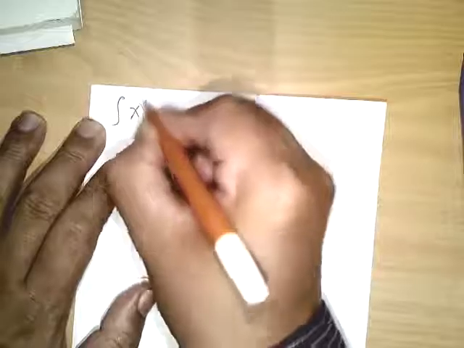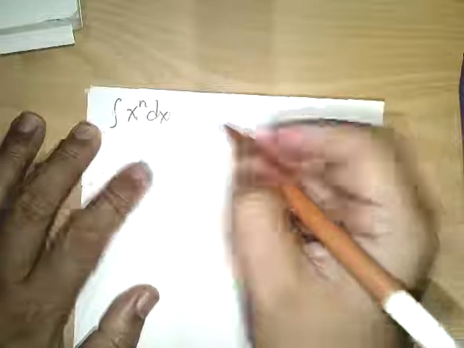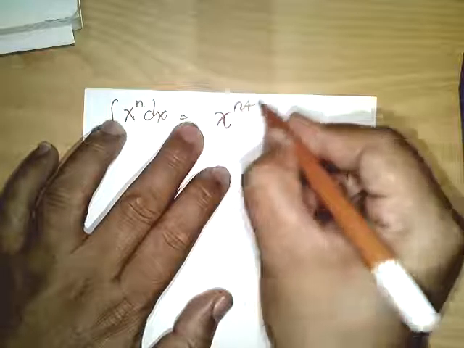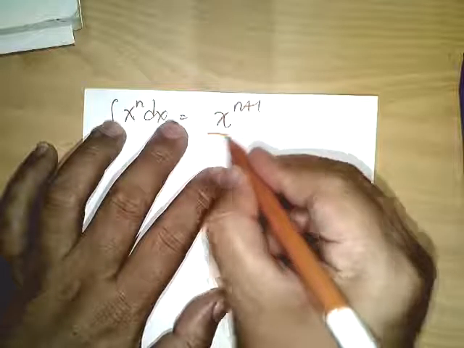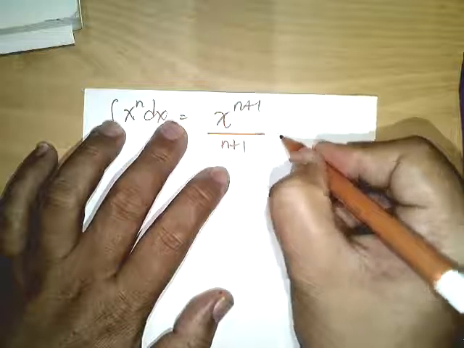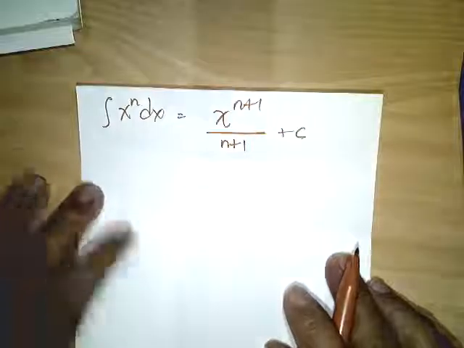Or in general, we can have the basic formula: the integral of x to the n dx is equal to x to the n plus 1, divided by n plus 1, and then just simply add some number c.